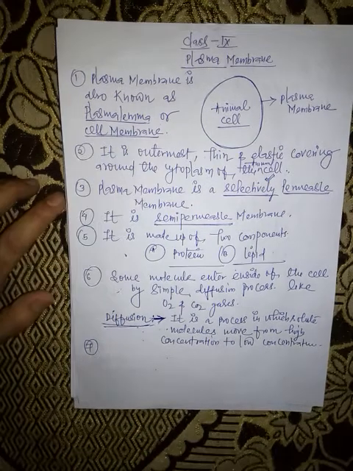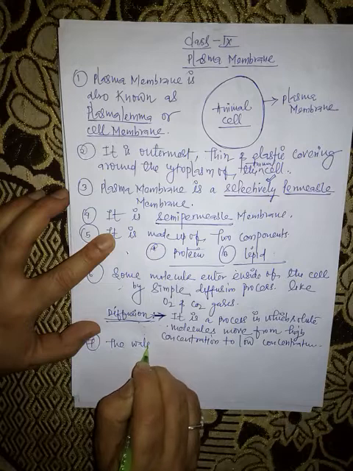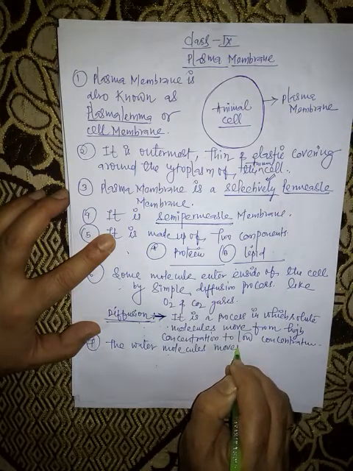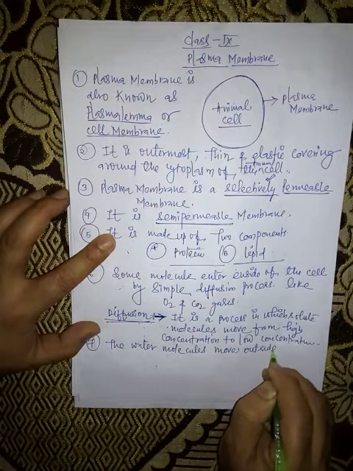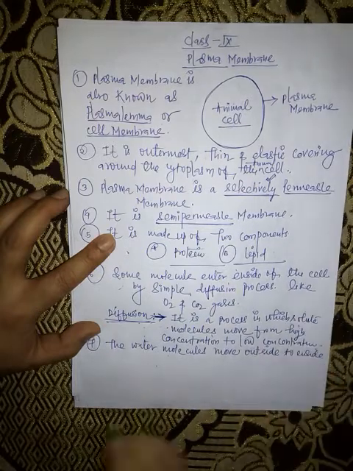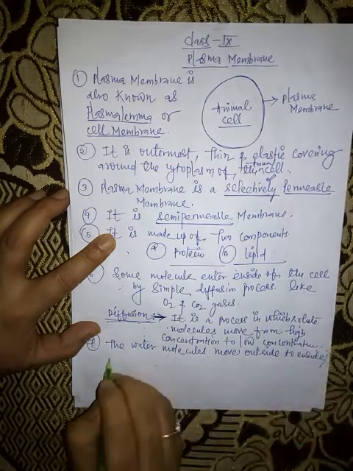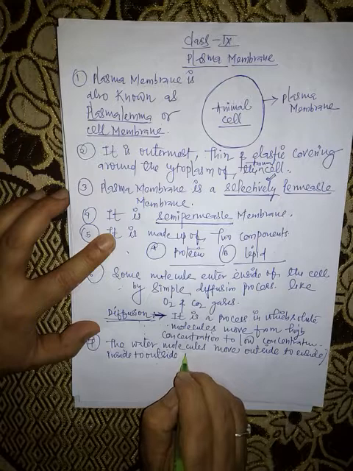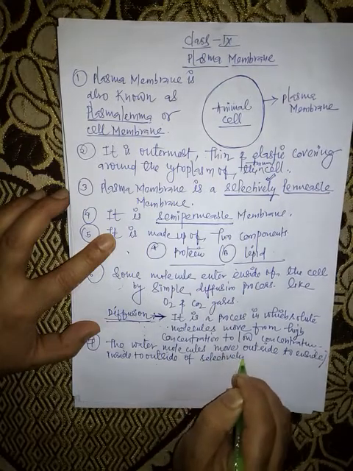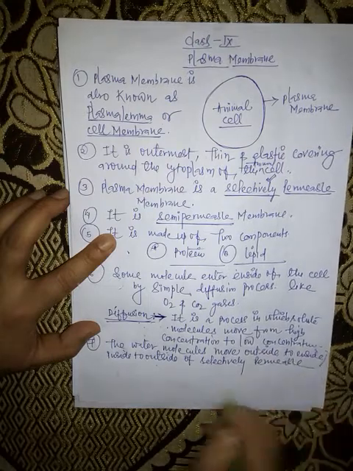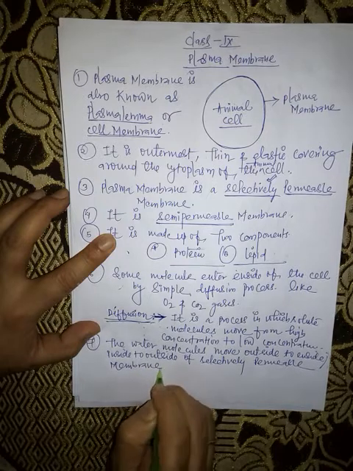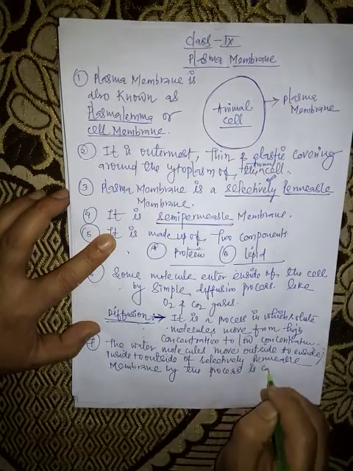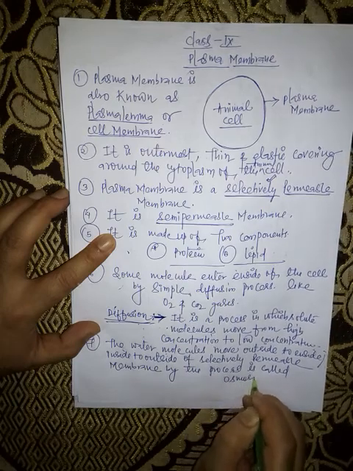Next, the water molecules move outside to inside and inside to outside of a selectively permeable membrane, and the process is called osmosis.